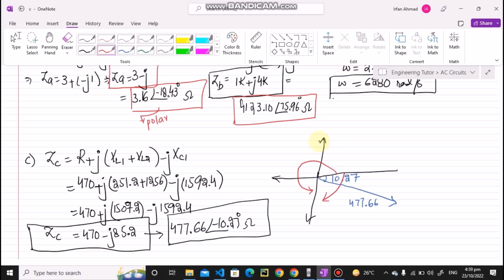In another form, we can also represent it by subtracting it from 360, and whatever answer we have, we plot it counterclockwise as well. You will see that we have the same angle while plotting our phasor, whether we plot it in the negative form, or subtract it from 360 first and plot it then.